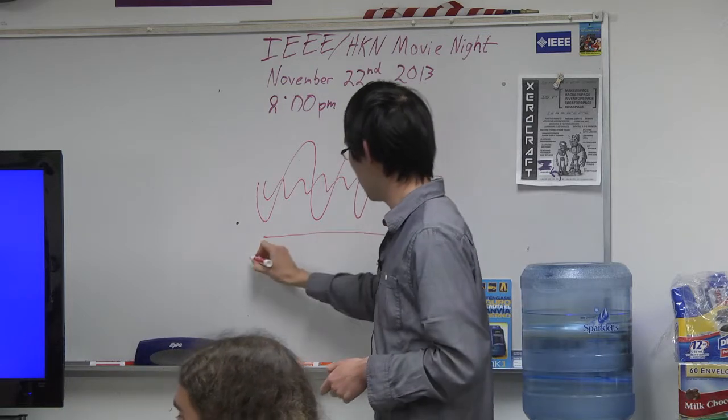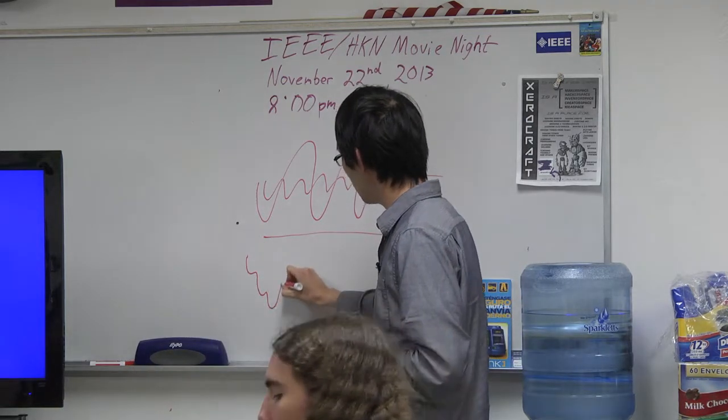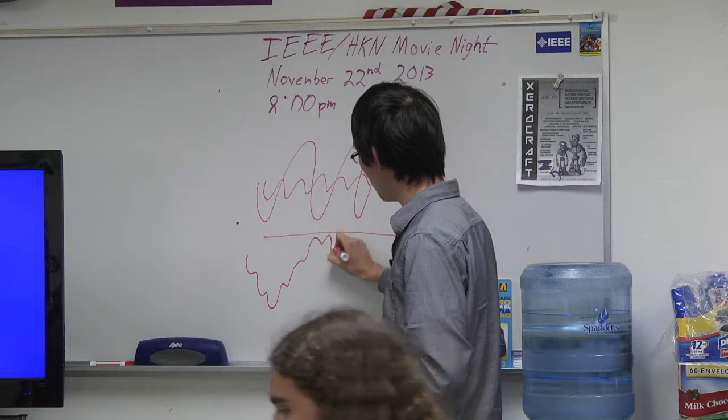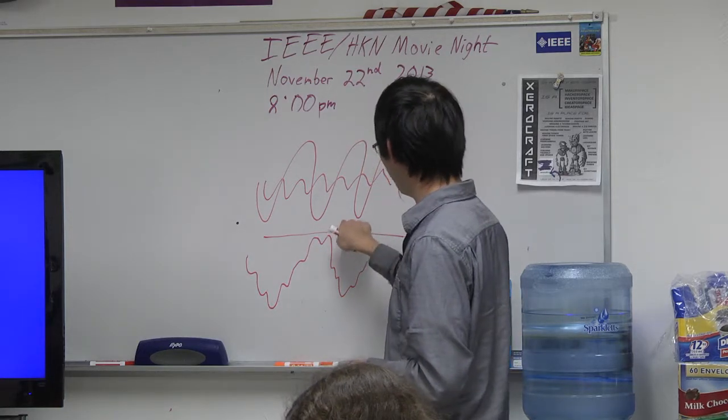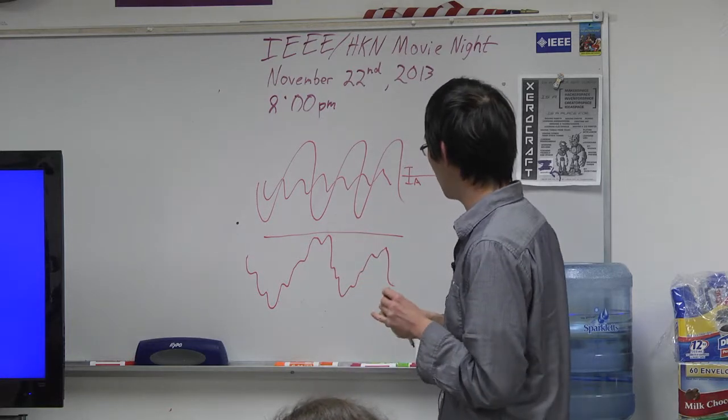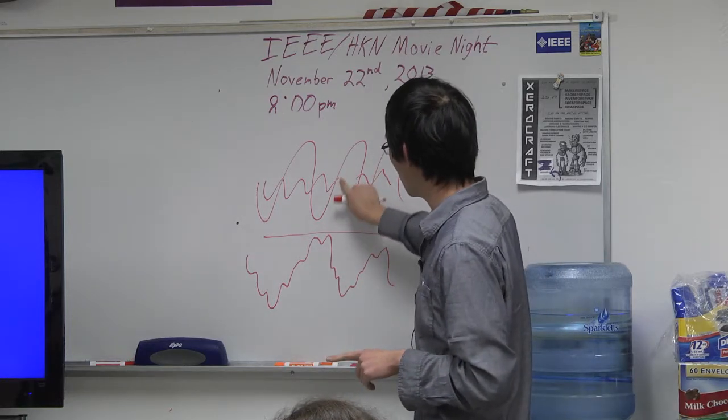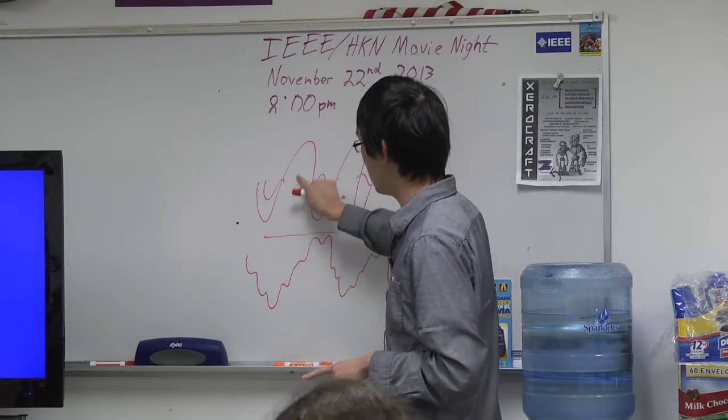In the WAV file it will look something like this, because the sounds get added to each other. But in terms of human hearing, when these drum beats happen, you can't really hear the guitar parts.